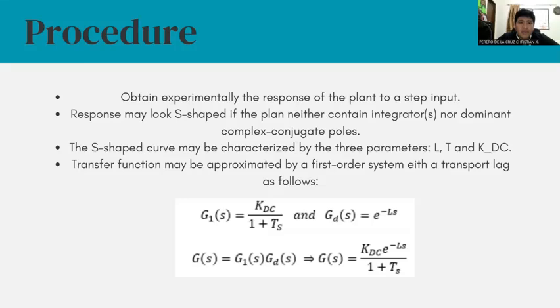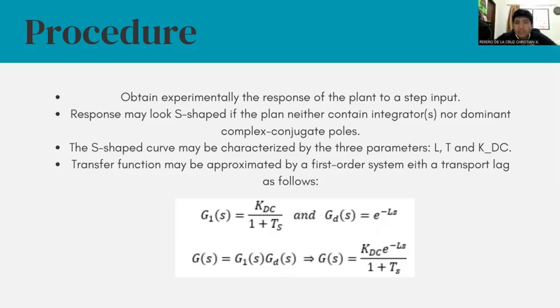The response may look S-shaped if the plant contains neither integrators nor dominant complex conjugate poles, and the S-shaped curve may be characterized by the three parameters that we mentioned: L, T, and KDC. And so the transfer function may be approximated by a first order system with transport lag as follows.